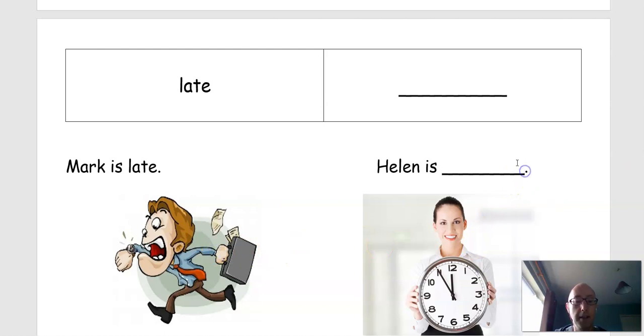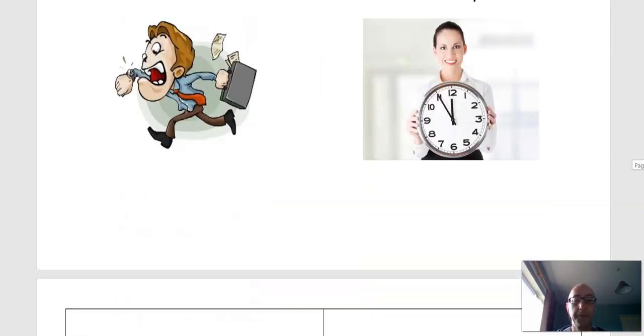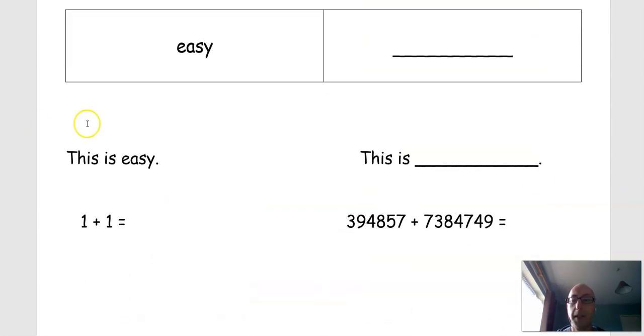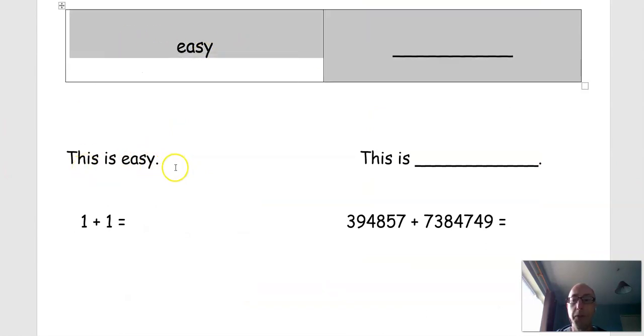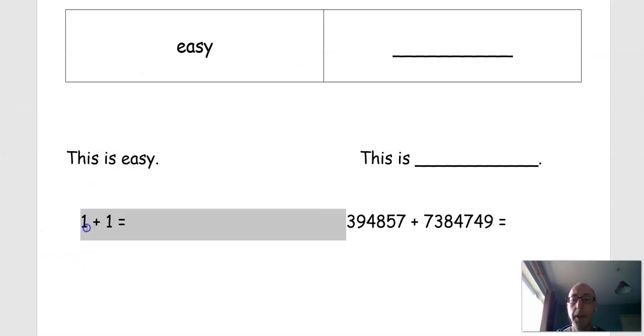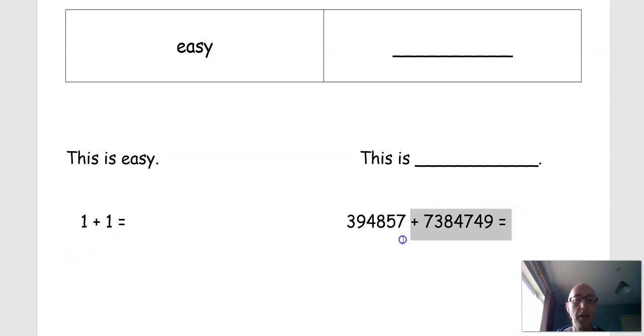Next one. Mark is late. Helen is early. Late and early. We have easy, and what's the opposite of easy? This is easy. This is, begins with a D. Difficult.